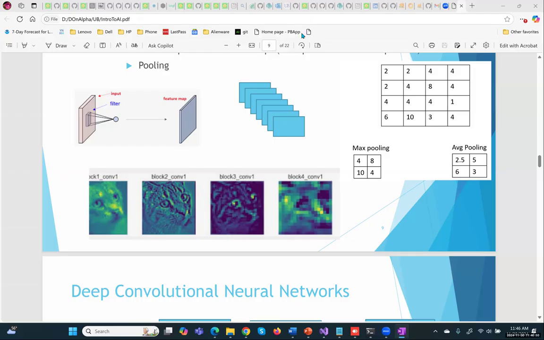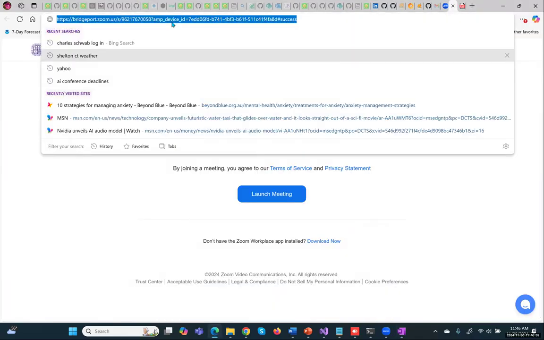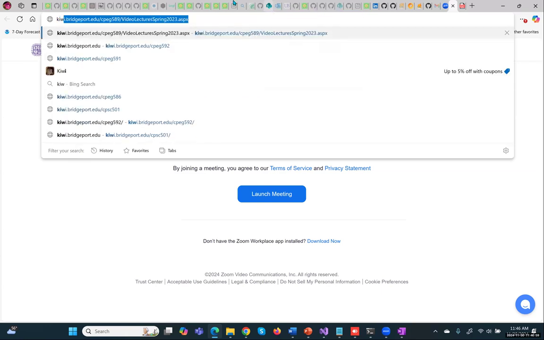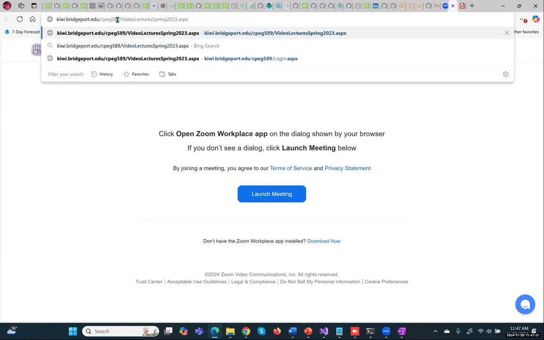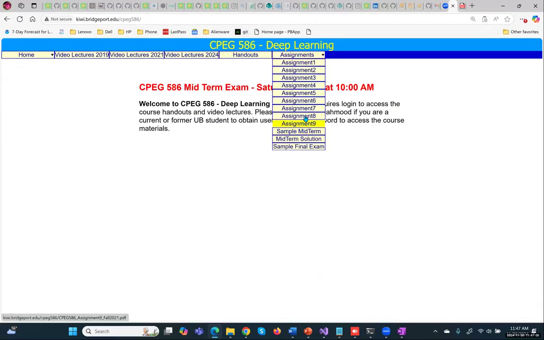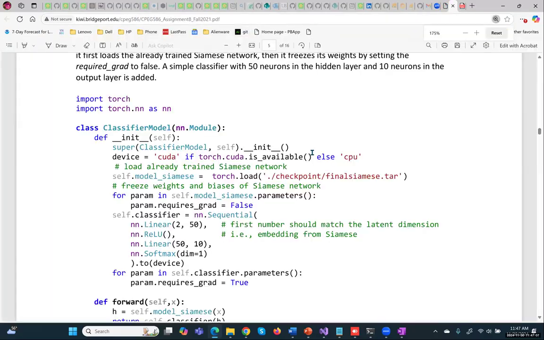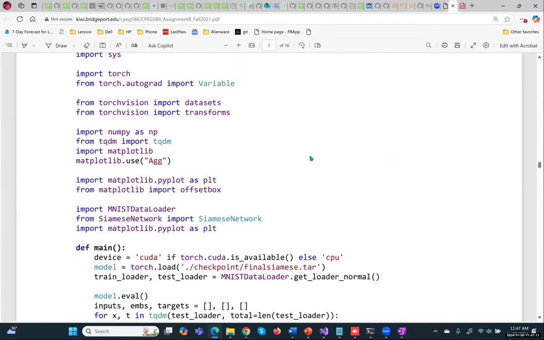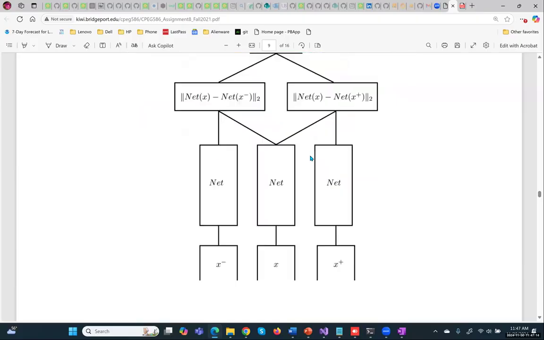Okay, so for example, in your assignment 8 that we were referring to in the classification problem, let me see if I can show you a picture.